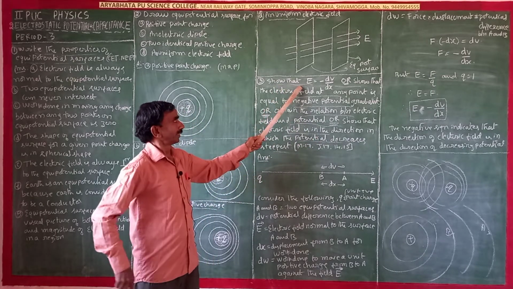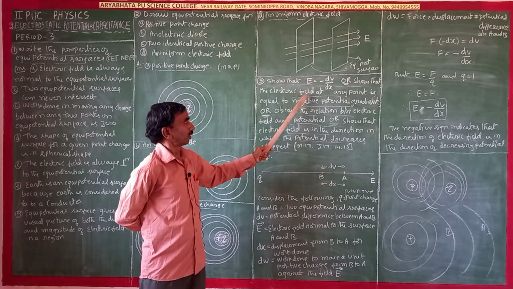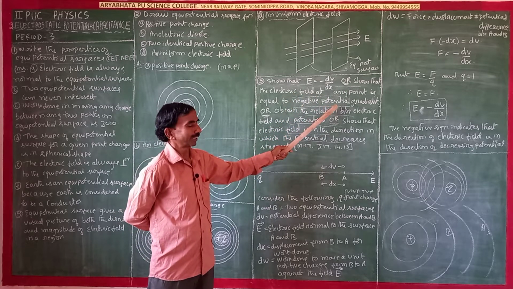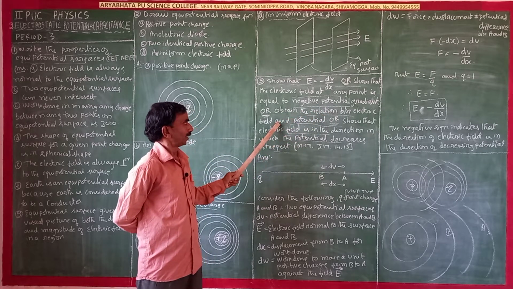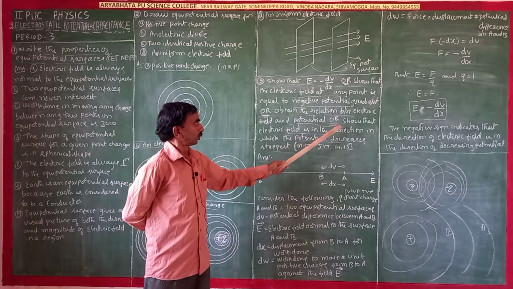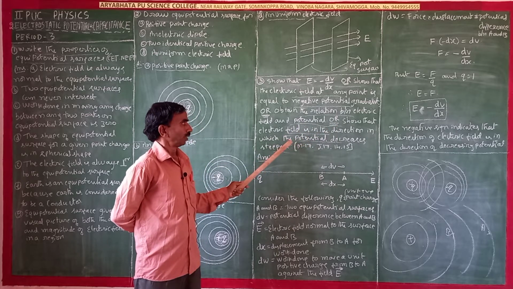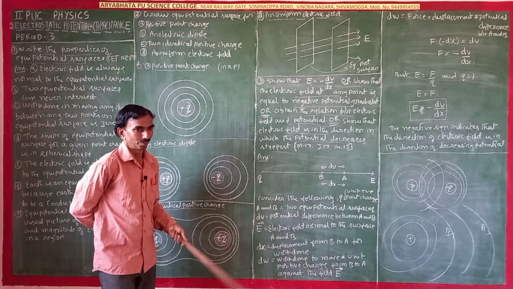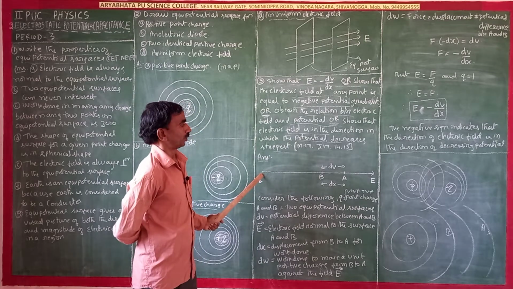So show that E is equal to dV by dx, or that the electric field at any point is equal to the negative potential gradient, or obtain the relation between electric field and potential, or show that the electric field is in the direction in which potential decreases steepest. This answer is very, very simple. You see here, Q is a point charge, a unit positive point charge.